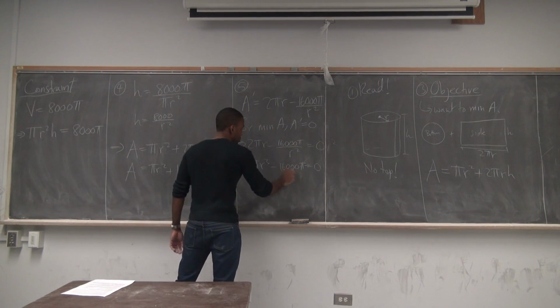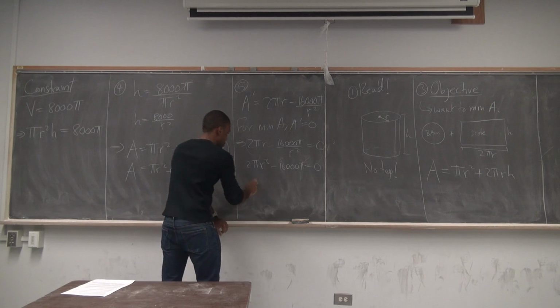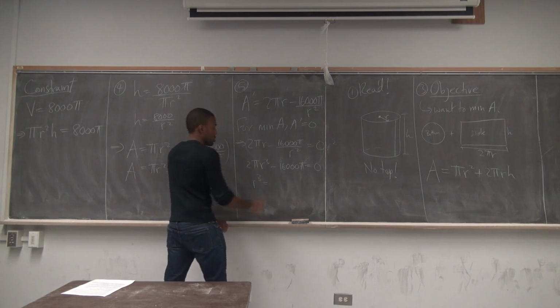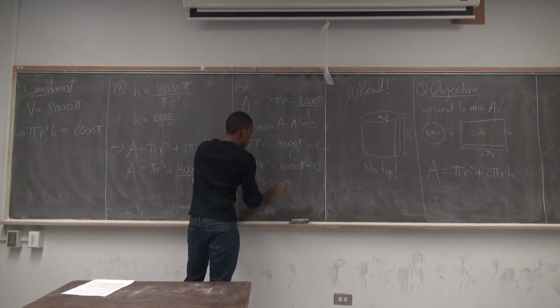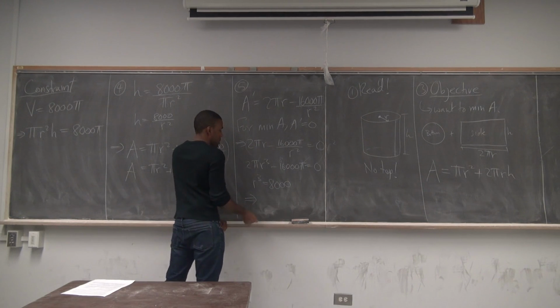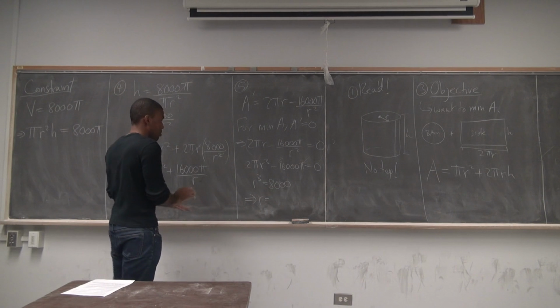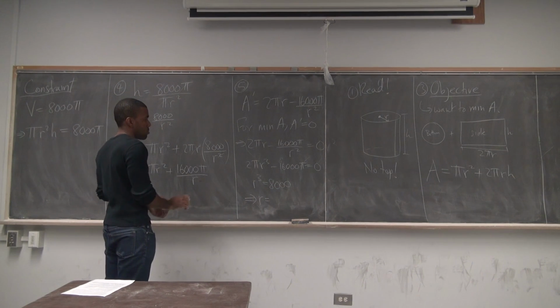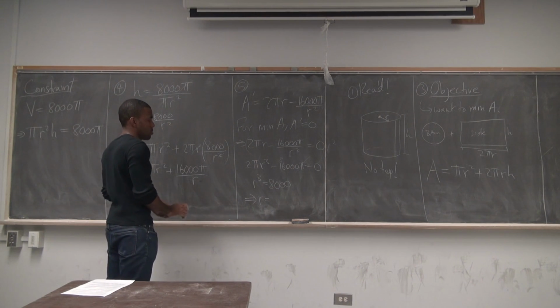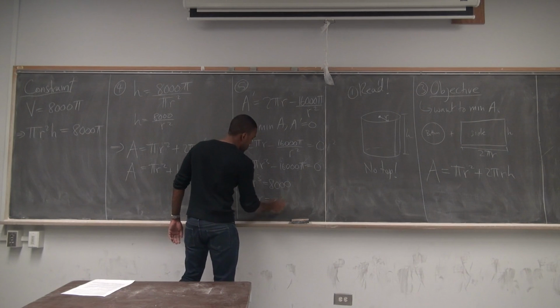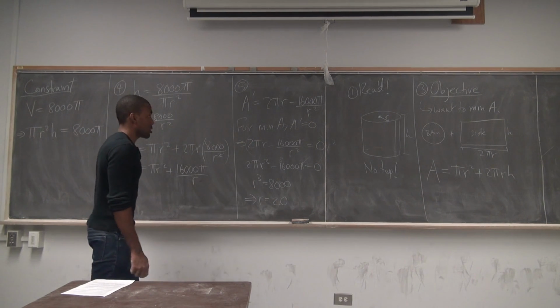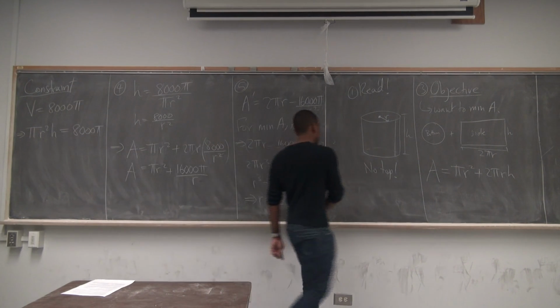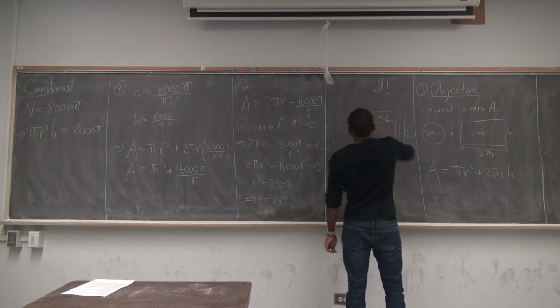Divide both sides by 2. I would have r cubed is equal to 8,000, which means that r is equal to 20. 20 times 20 times 20 is equal to 8,000.